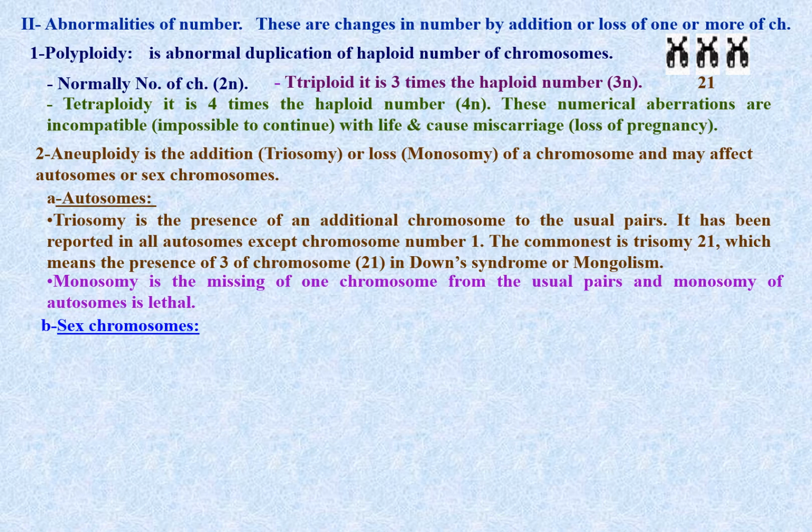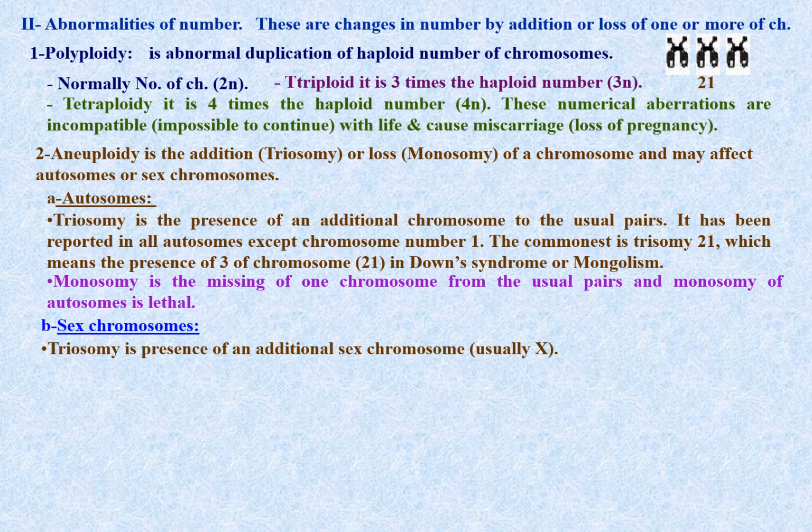Sex chromosomes: trisomy is the presence of an additional sex chromosome, usually X. Normally, males have X and Y sex chromosomes and need both for sex differentiation, while females possess double X chromosomes. One of them is inactive, called sex chromatin or Barr body, and so females are positive for sex chromatin, while males are negative.